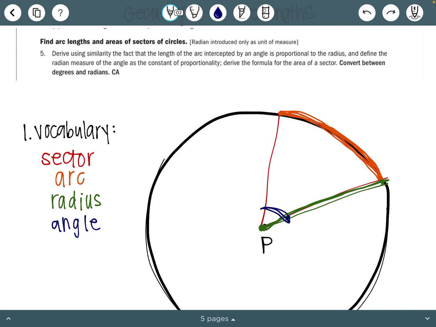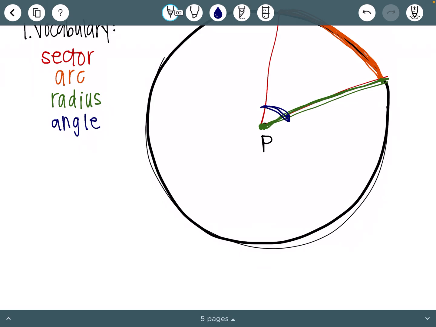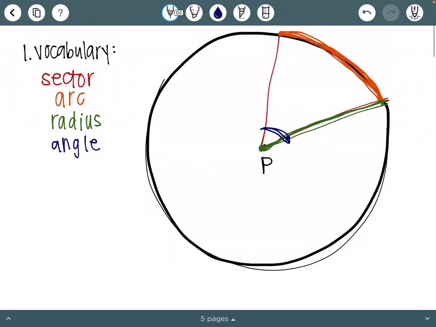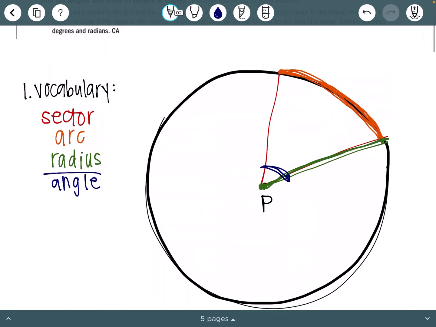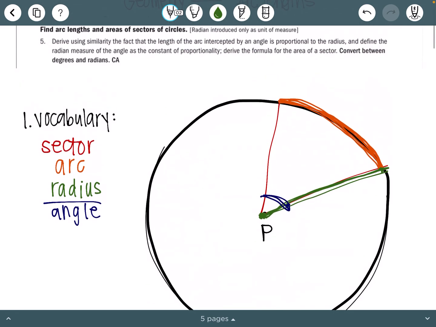And we usually measure angle in degrees, but we can also measure it in radians. When you hear the word radians, it should remind you of the word radius. It has a similar sound, and that's not a coincidence. It has to do with the fact that a radian measures this angle based on the proportionality of the angle with the arc and the radius.